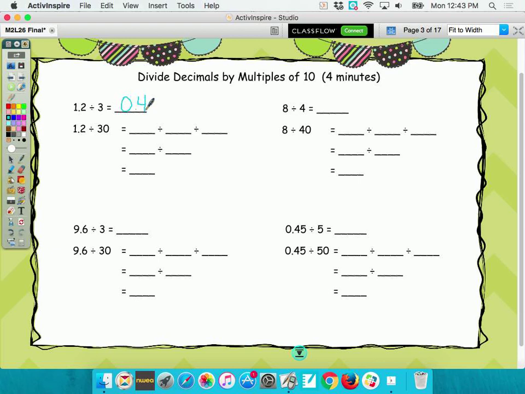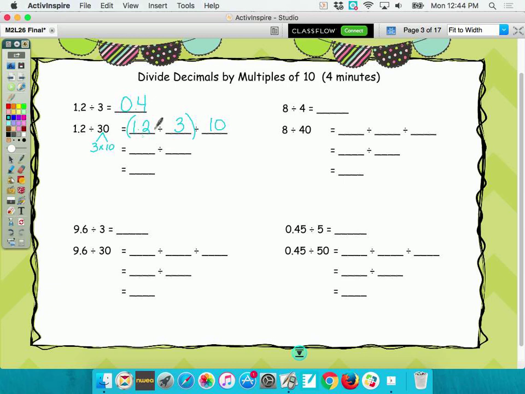Okay. So what we did last week was we broke the 30 apart into 3 and 10. So we would say 12 tenths divided by 3 divided by 10. Good. This is just review.